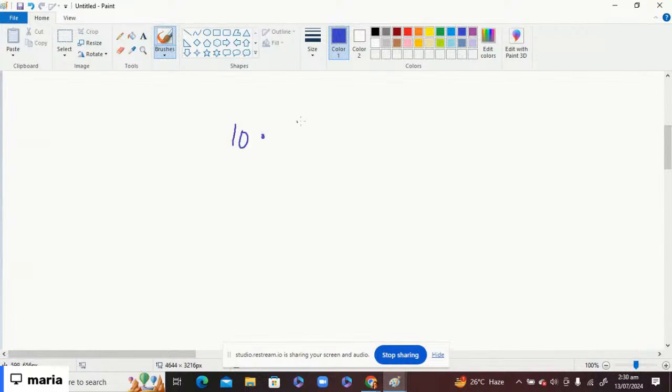If there is 10.6, you check this 6, which is greater than 5, so 10.6 is rounded to 11. But if it is 10.4, this 4 is less than 5, so it cannot be changed and stays the same number.